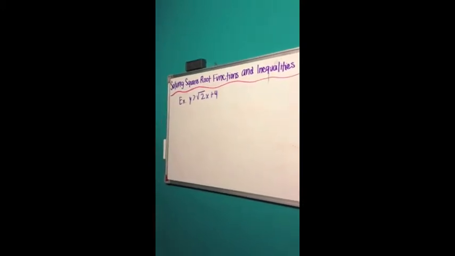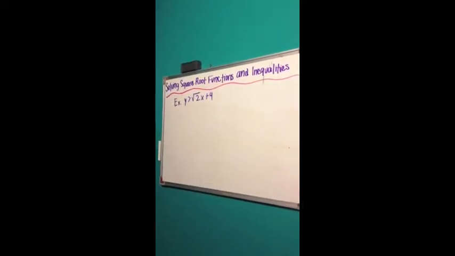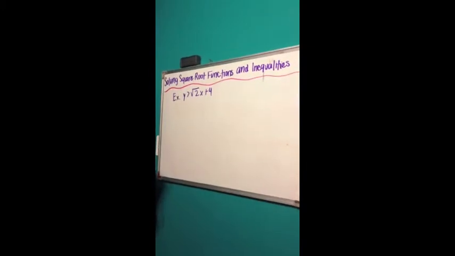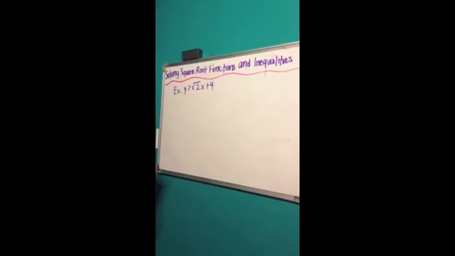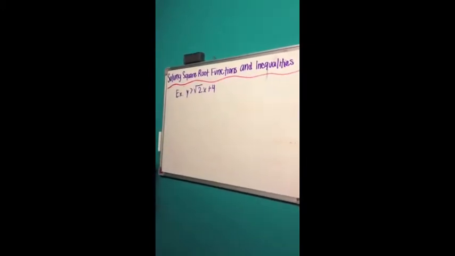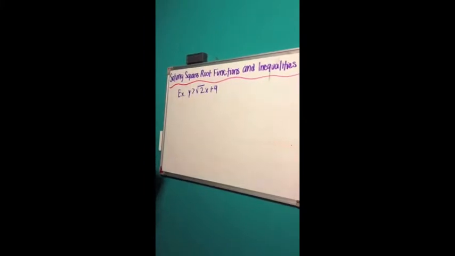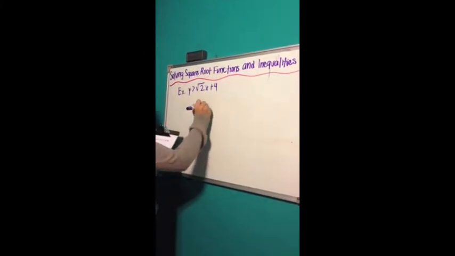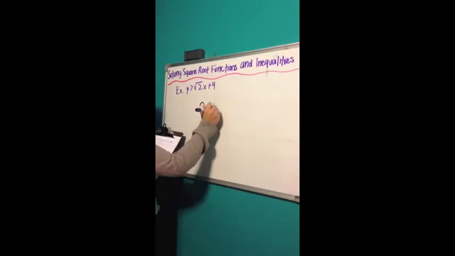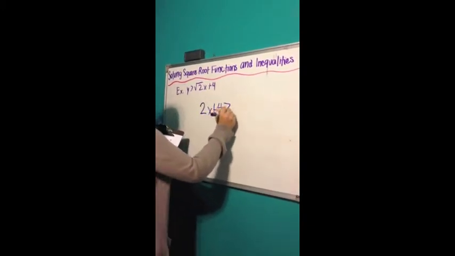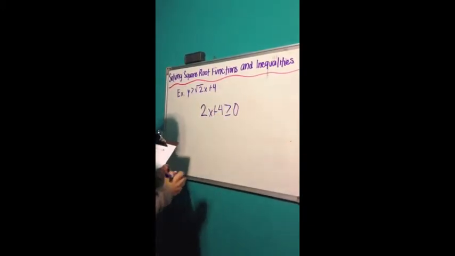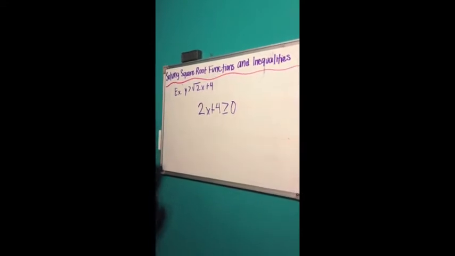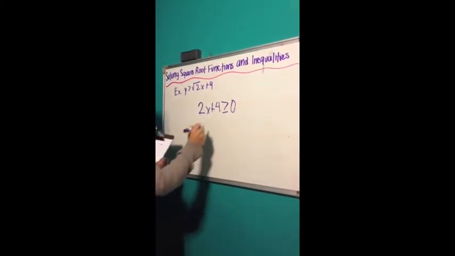Example number 2. Y is greater than the square root of 2x plus 4. In order to graph this, we must set the radicand as greater than or equal to 0. Once we have done this step, we must isolate 2x by subtracting 4 from both sides.